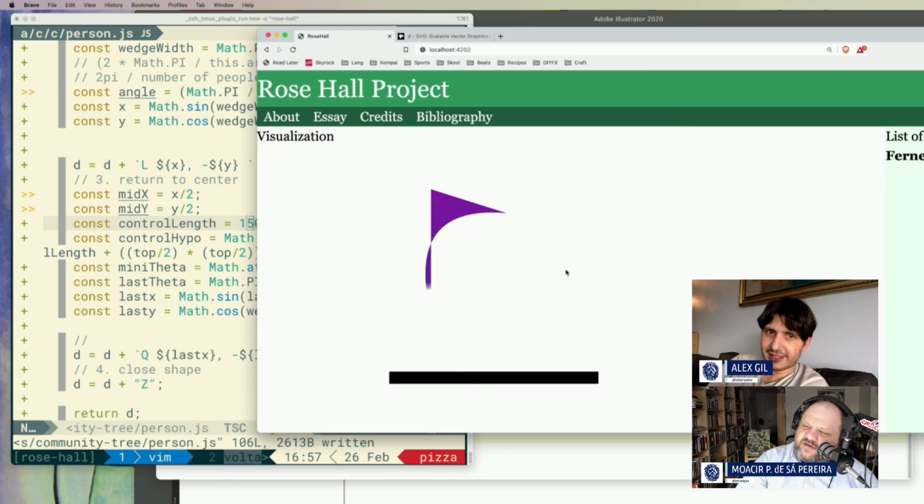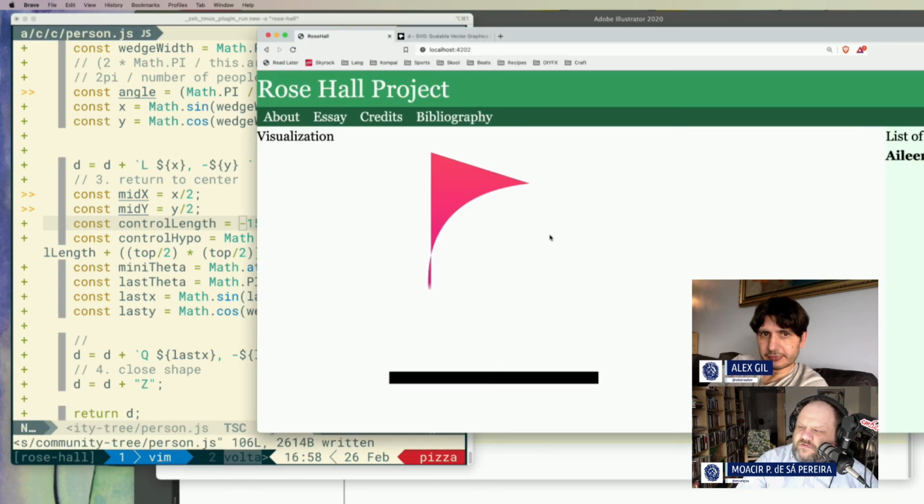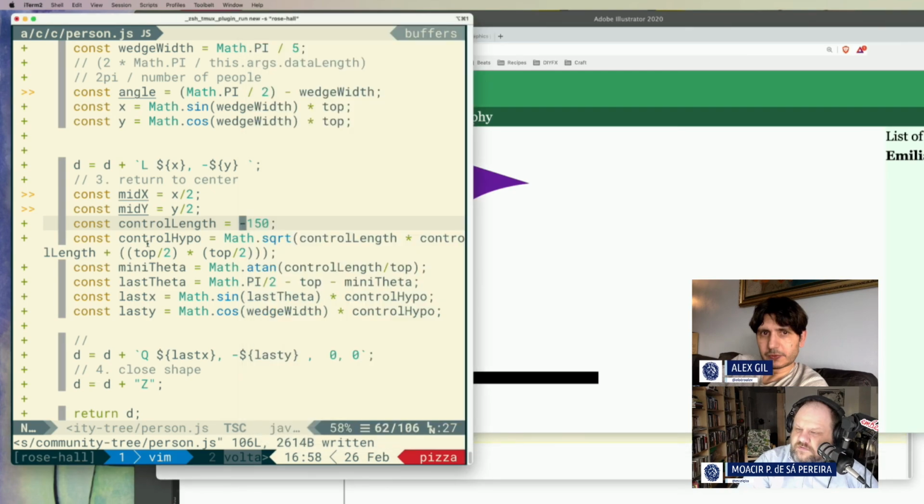Is that doing what we want it to do? Do minus. No. Do 100, I guess.